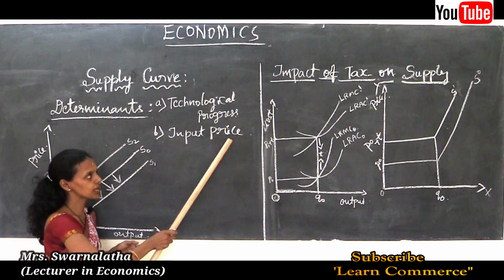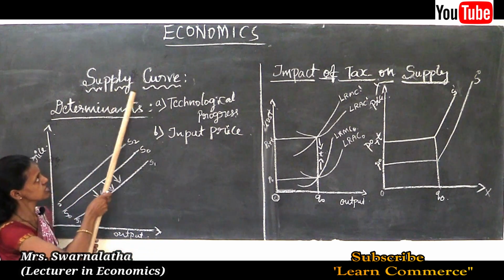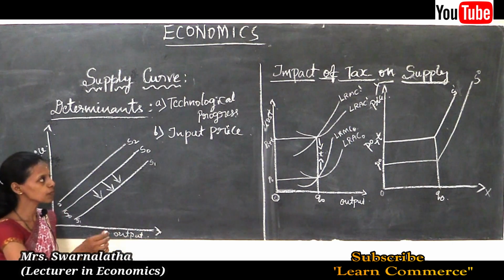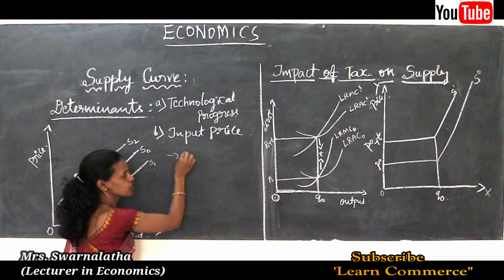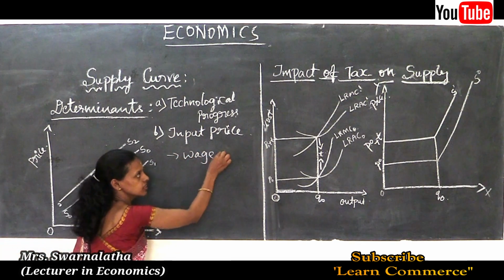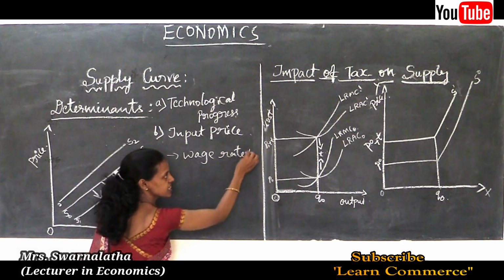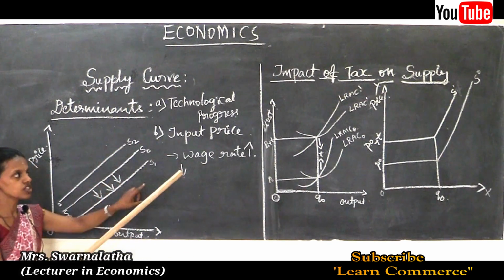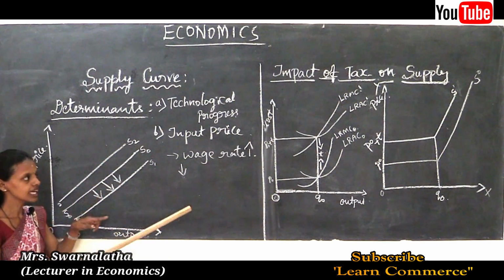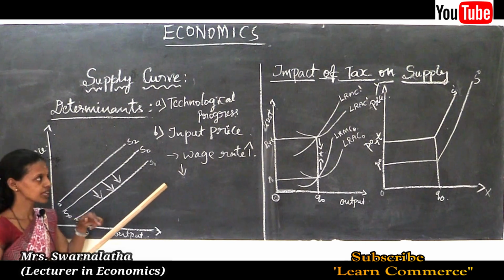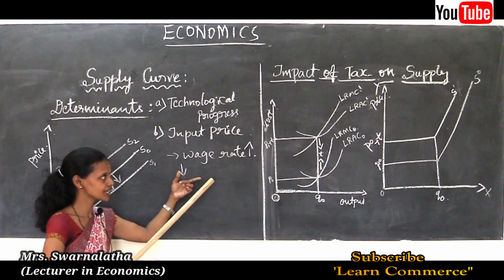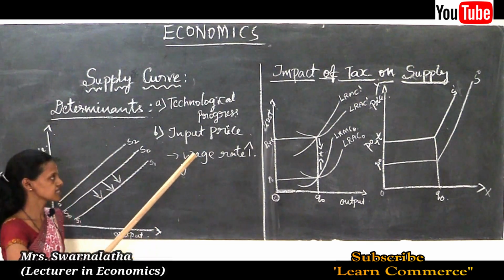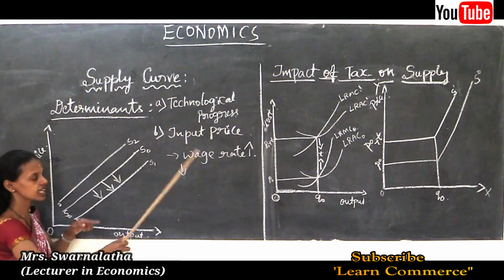Due to input prices also, supply changes. The supply curve shifts due to input prices. What are input prices? For example, the wage rate. Suppose the wage rate increases, supply decreases, because the wages paid to the labor increase, which leads to a decrease in supply because the firm's marginal cost increases.